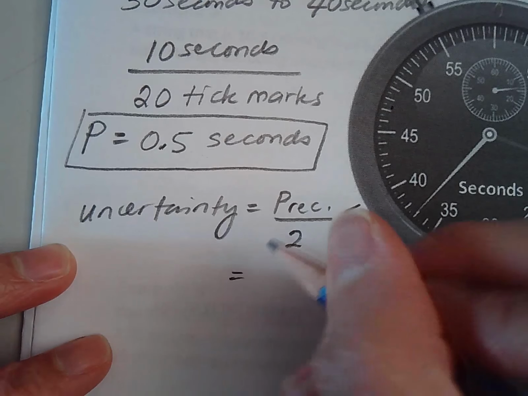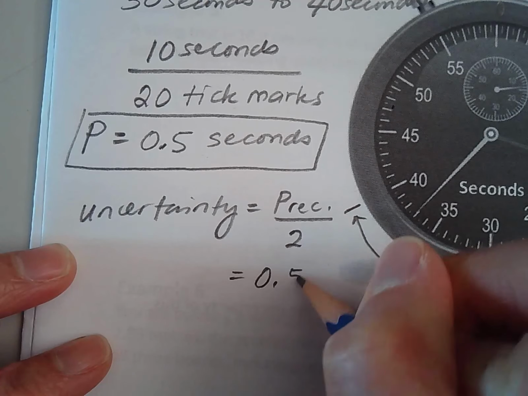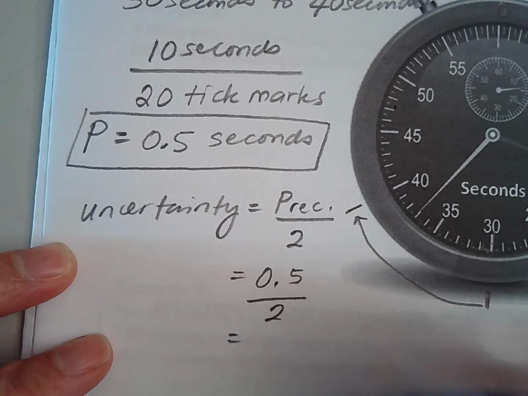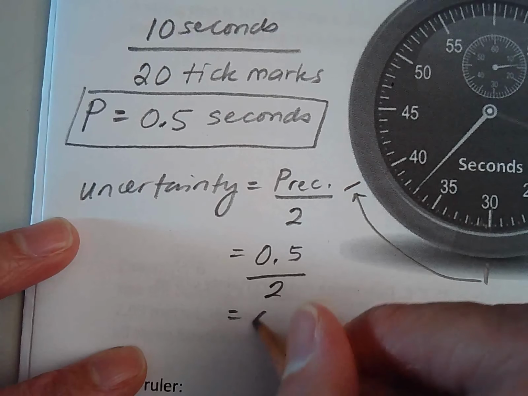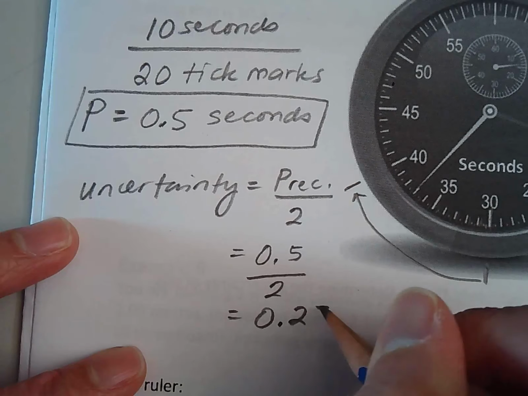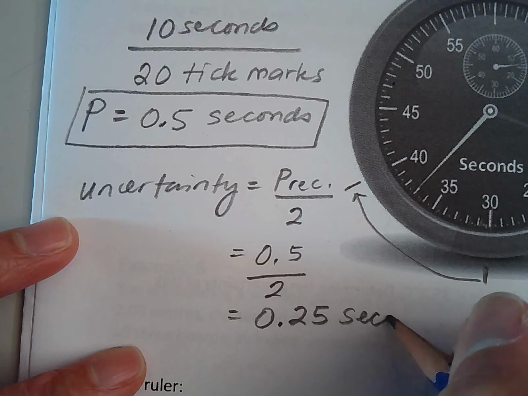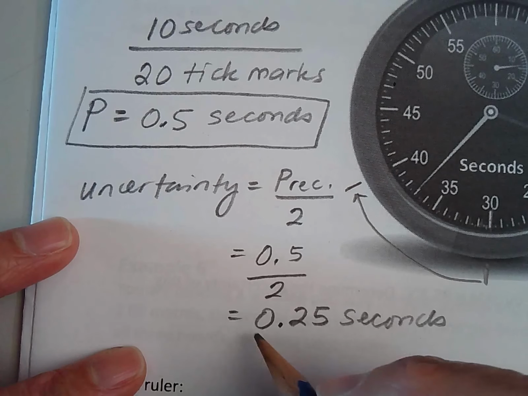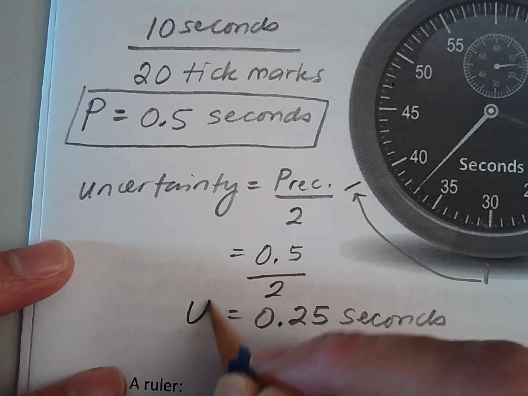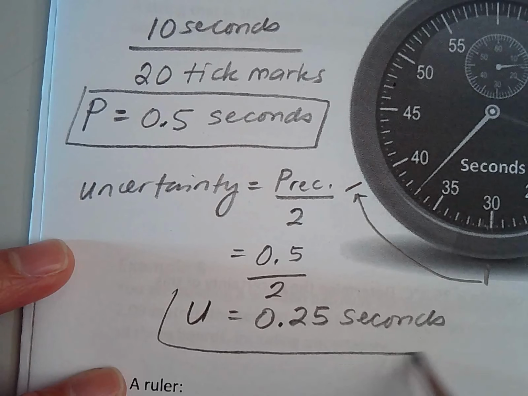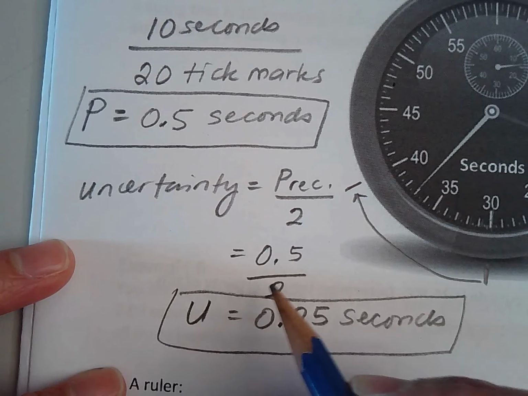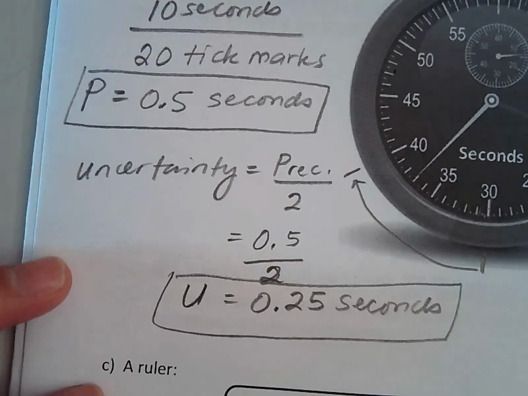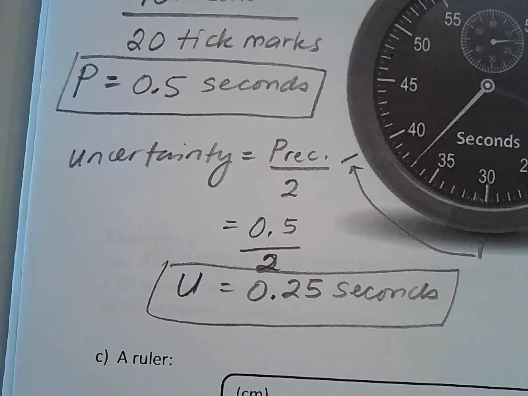So precision is 0.5 divided by 2. So uncertainty is 0.25 seconds. So uncertainty is 0.25 seconds.